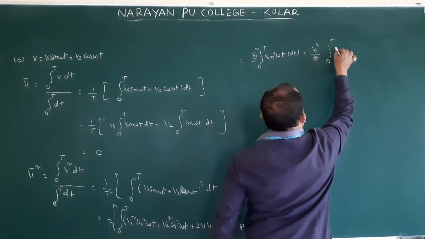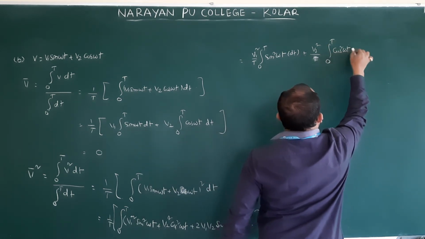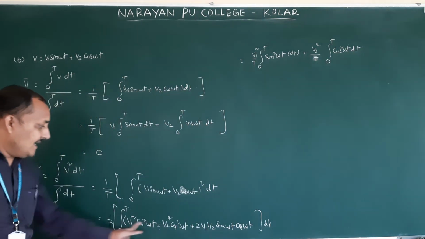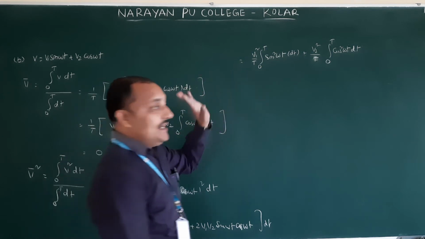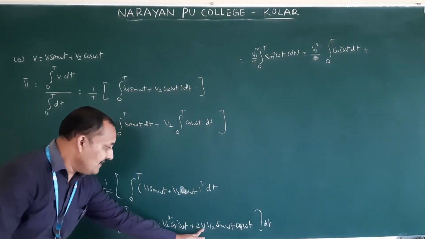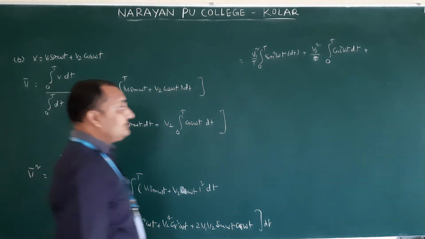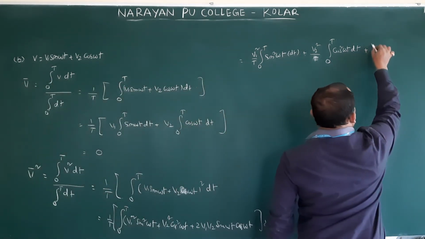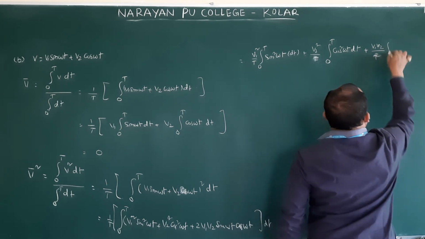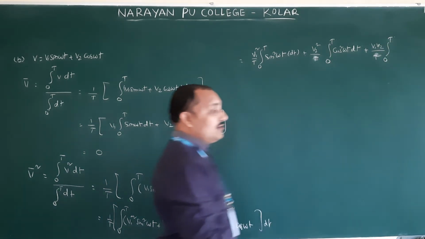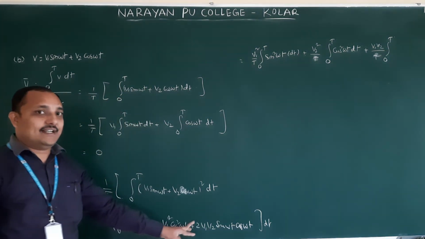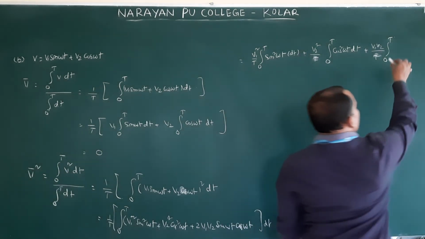Then V2 square by t integral of cos square omega t dt. Next plus here 2 V1 V2 by t. Friends, now writing 2 V1 V2, I am writing V1 V2 by t integral 0 to t of 2 sin theta cos theta. 2 sin theta cos theta can be written as sin 2 theta. That is the part.